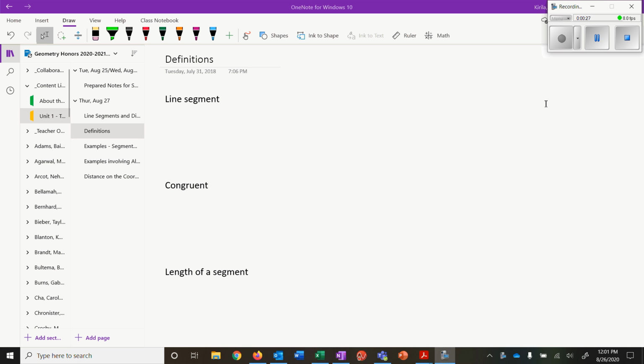So when we talk about line segments, they are pieces of a line with two endpoints.